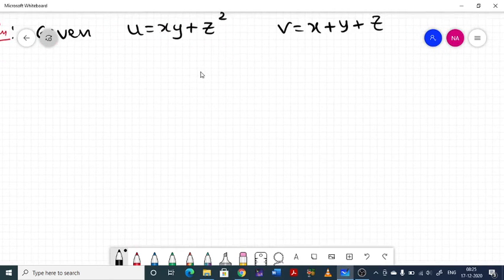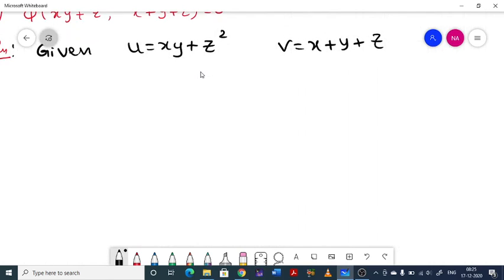Now differentiating u with respect to x and y partially, again I have to treat z as a function of x and y. I will get ux equal to y plus 2z into dou z by dou x.